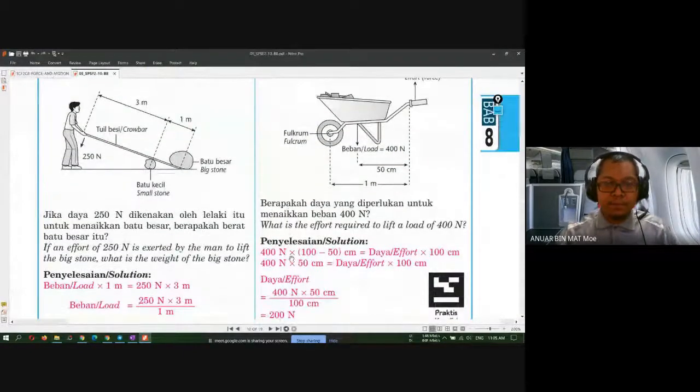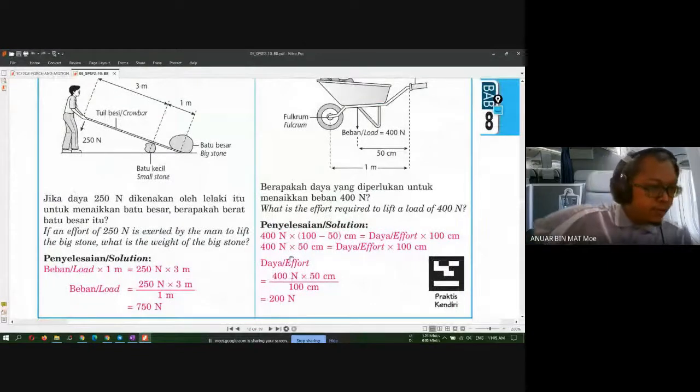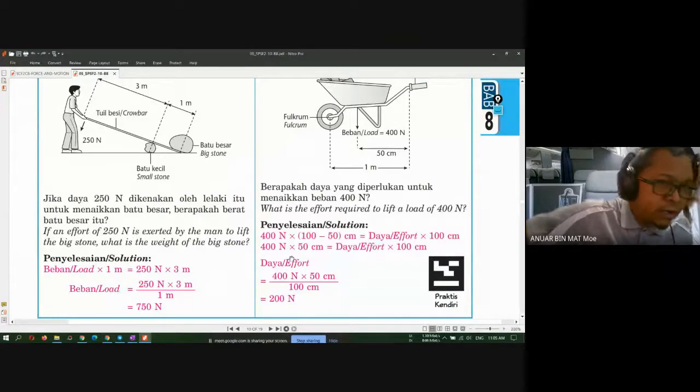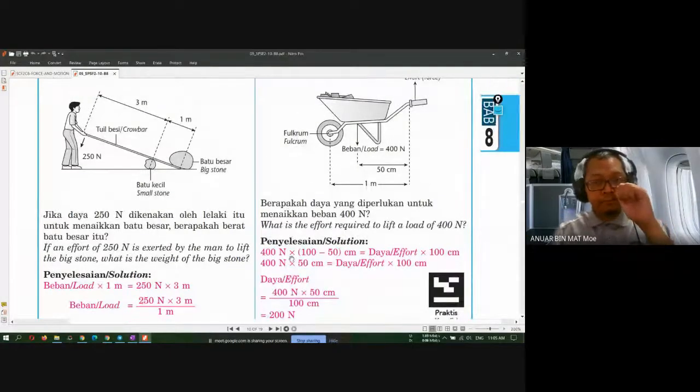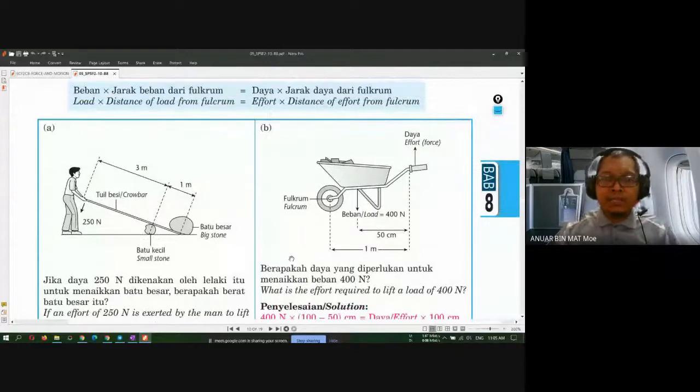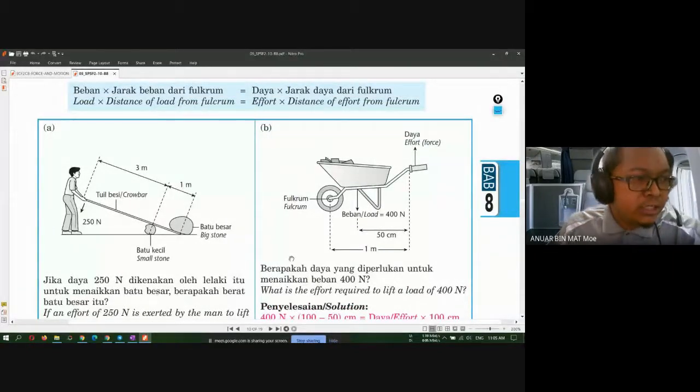Okay, so for page 107, question number 3, the answer is 750 Newton. But usually in the question paper, in the examination, the formula will be given.